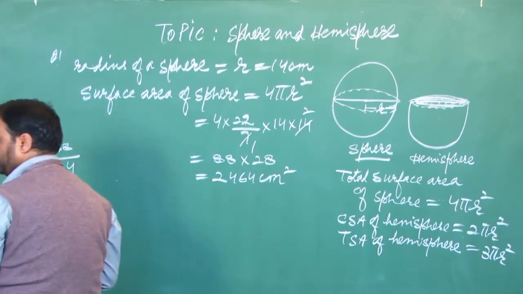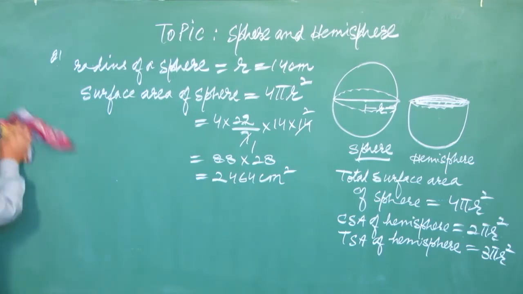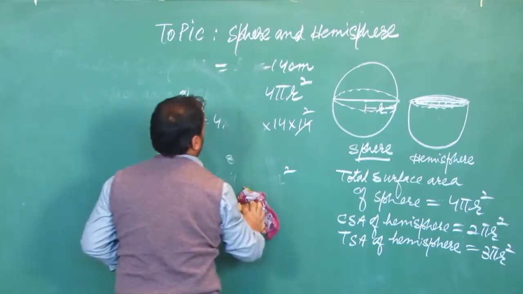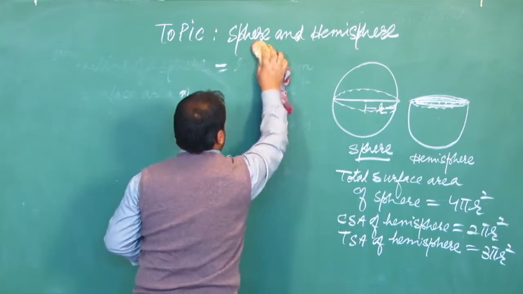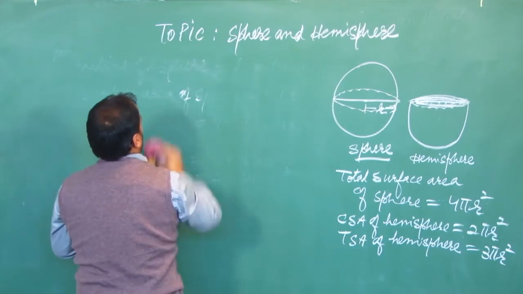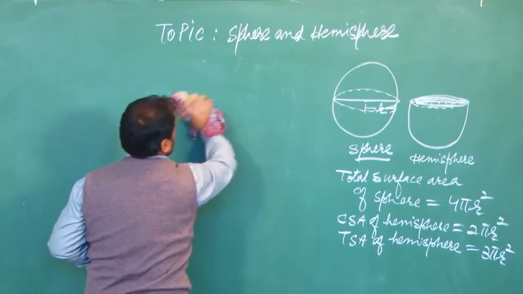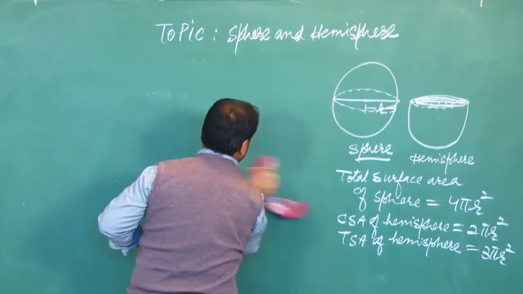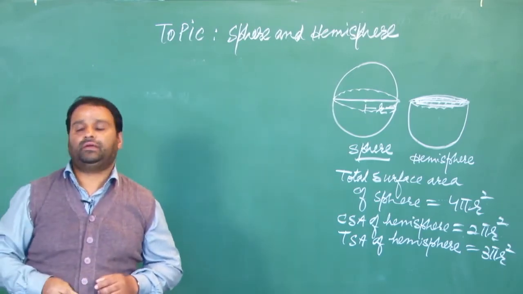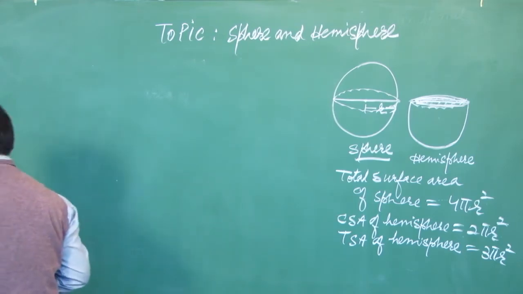Now, another question: find the total surface area of a hemisphere of radius 10 centimeter.